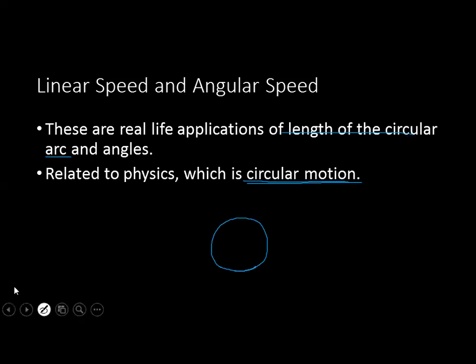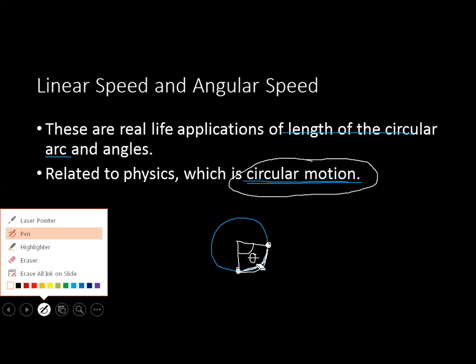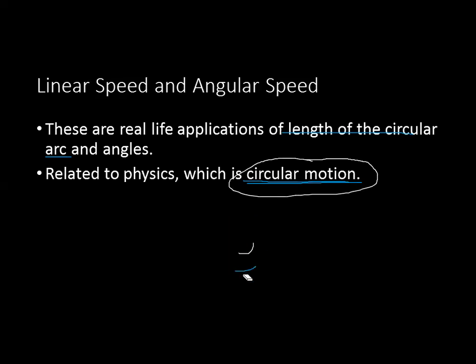For example, this is the starting point and this is the finish. Then you have an angle. Now, find the distance from start to finish. You see, the way it moves is in a circular path. Therefore, it is related to circular motion.